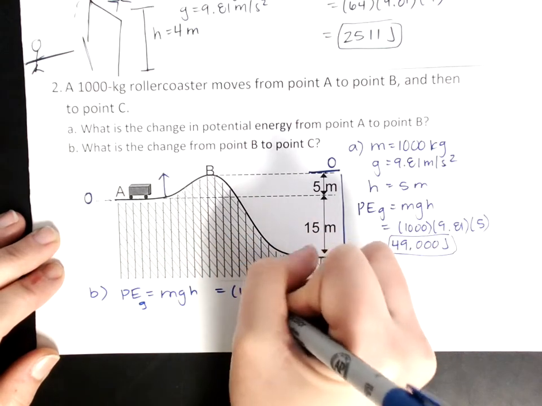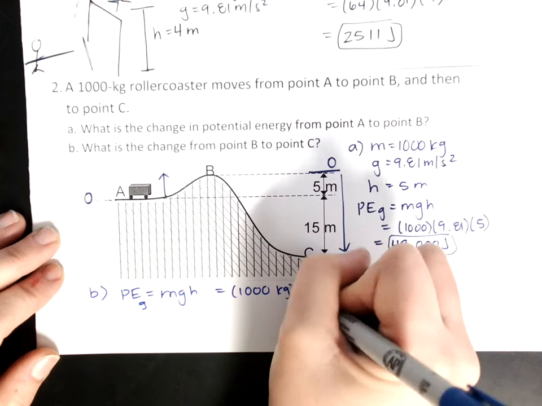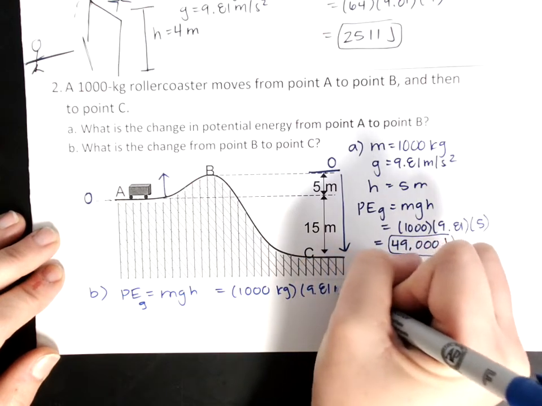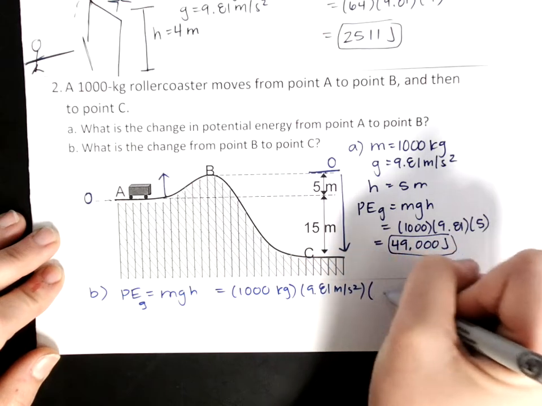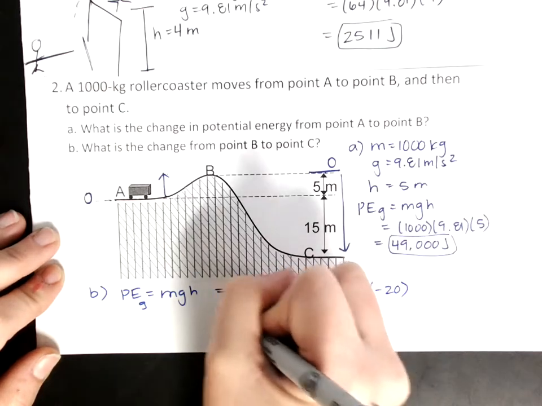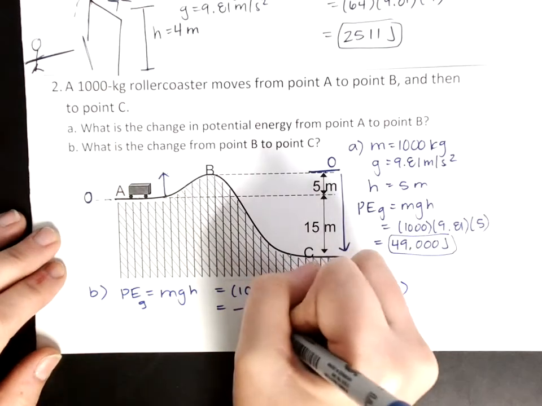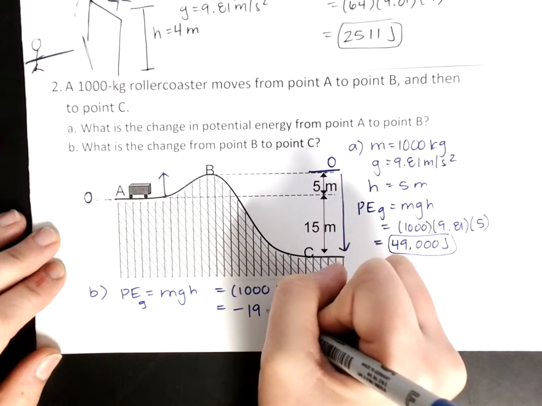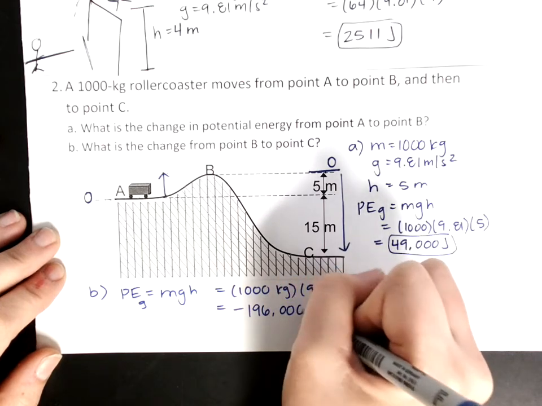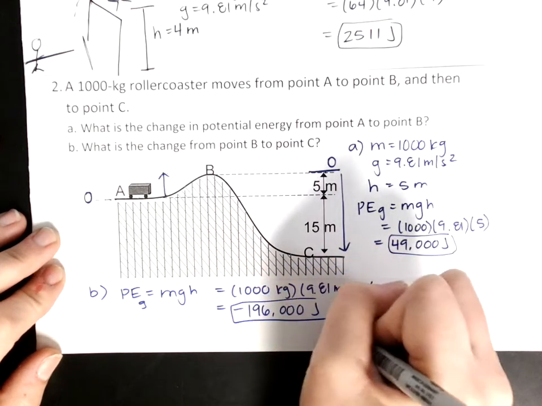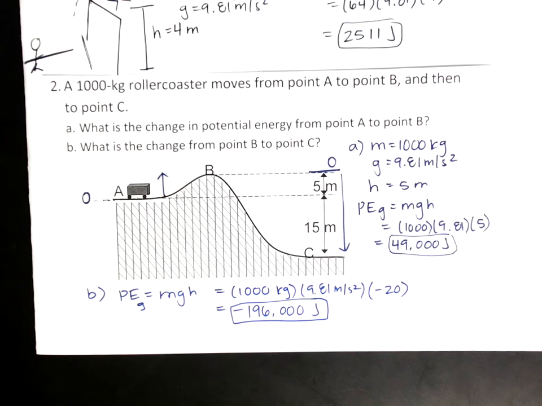Same mass, 1,000 kilograms. Same gravity, always. And our height in this case is negative 20. So its energy is decreasing by 196,000 joules. So yes, it is possible to have a negative potential energy.